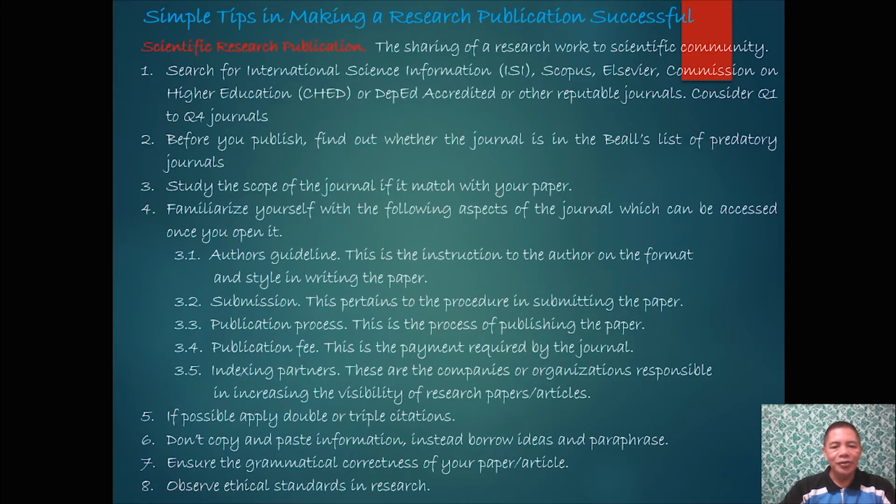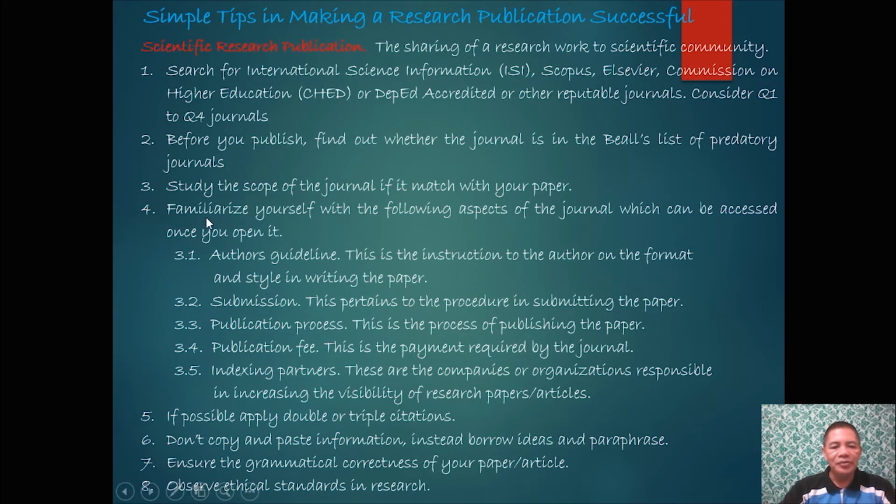You need to study the coverage of their publication. If it is all about education, and your paper is on education, you submit it because I am pretty sure that it is within the scope of the journal.